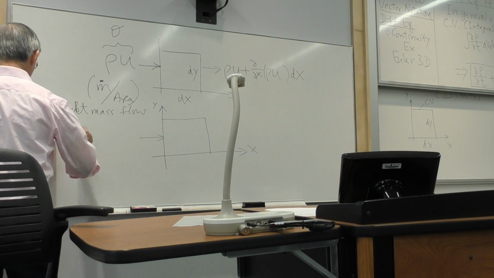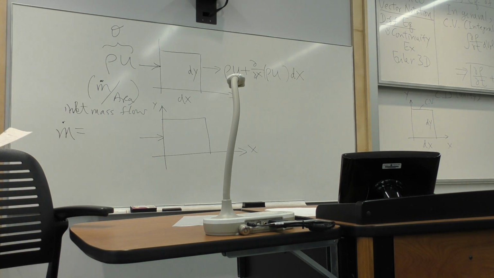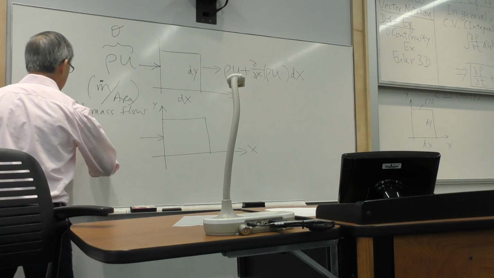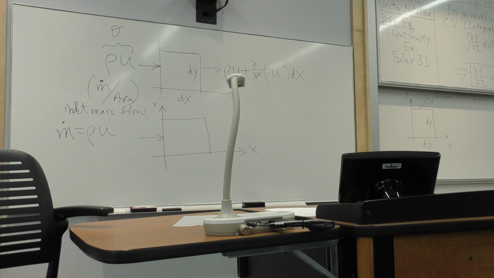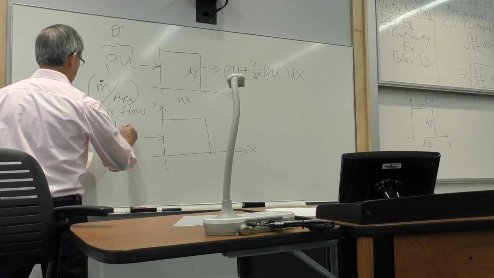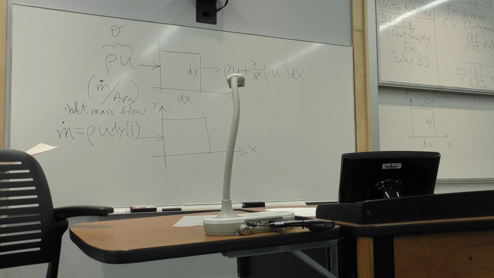I want to express that in terms of the diagram above. So it's simply rho u times an area. What's that area? Anyone? Area perpendicular to my velocity, rho u. What area would that be? dy times what? dy times 1. Right? Any question on that?